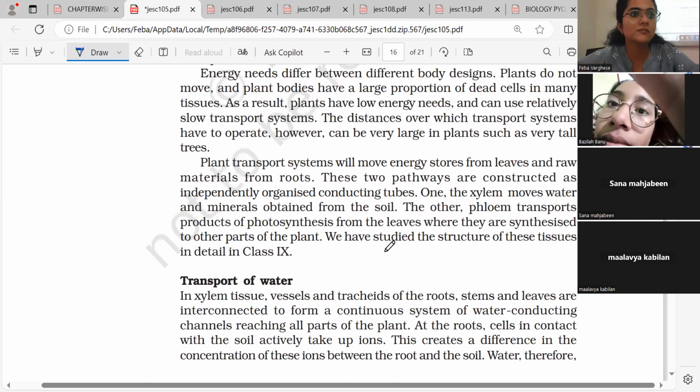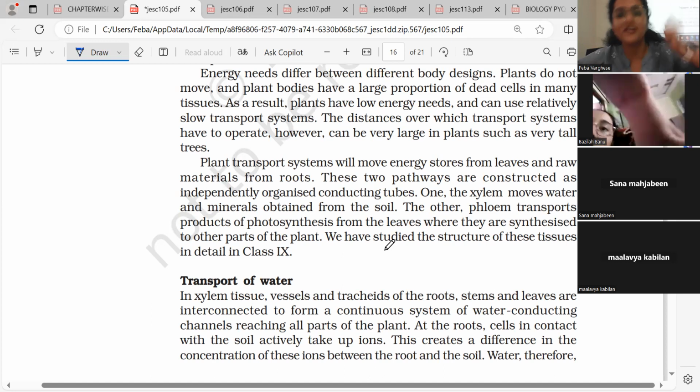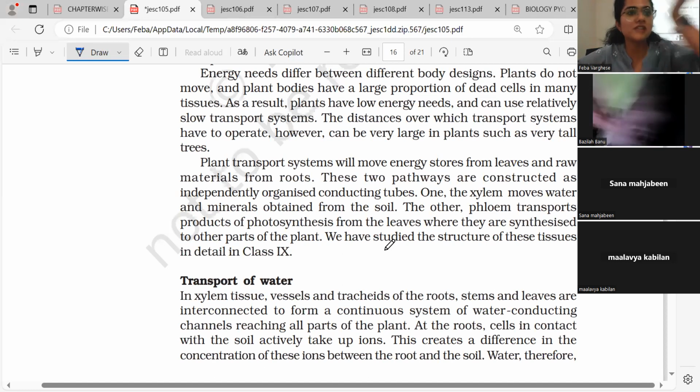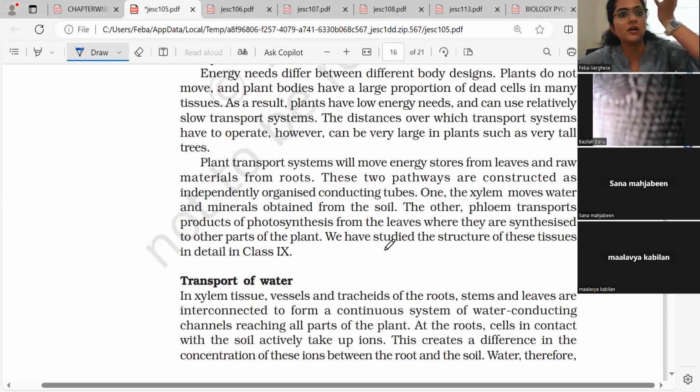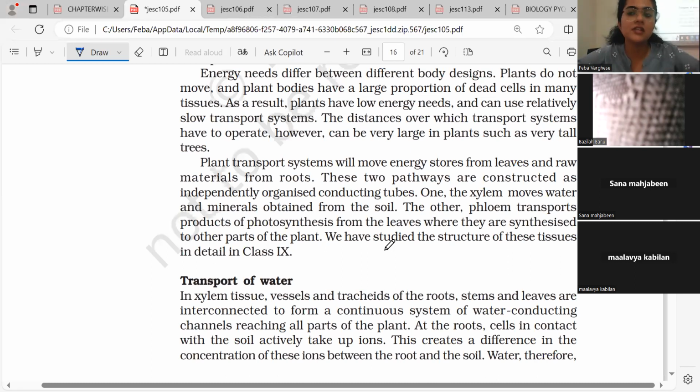Right, guys? Because of transpiration, a vacuum is created at the topmost part of the leaf, and in order to fill this vacuum, what happens? The water is being pulled upward from the lower portion of the stem. And this is how a continuous column of water is maintained in the xylem vessels.